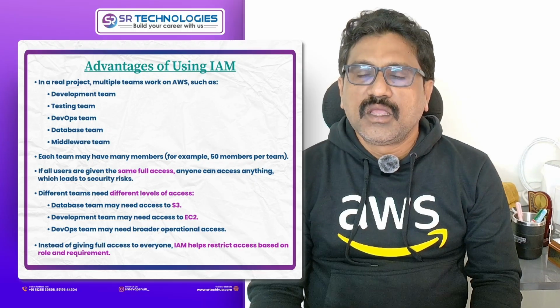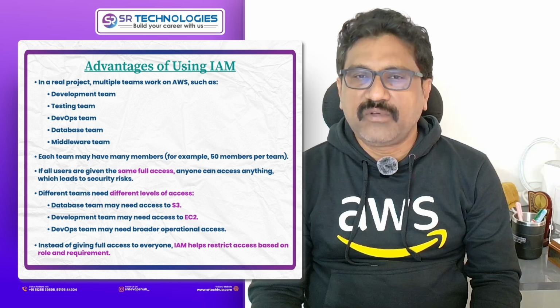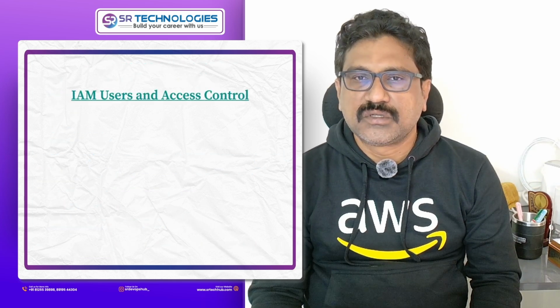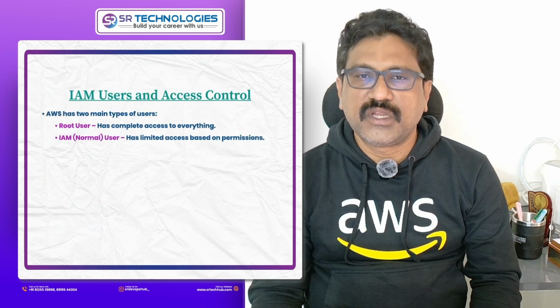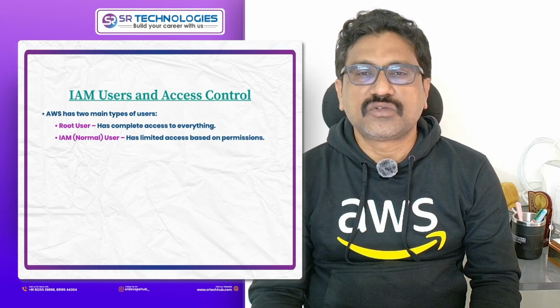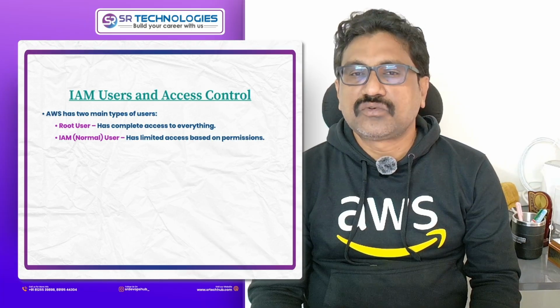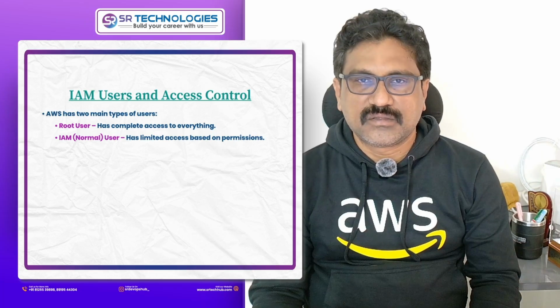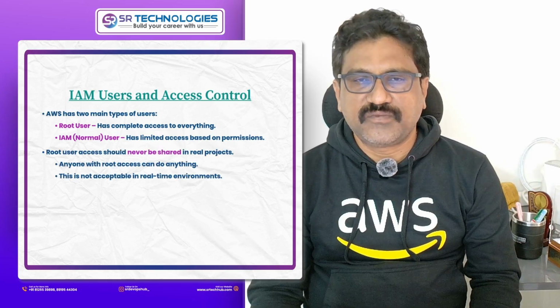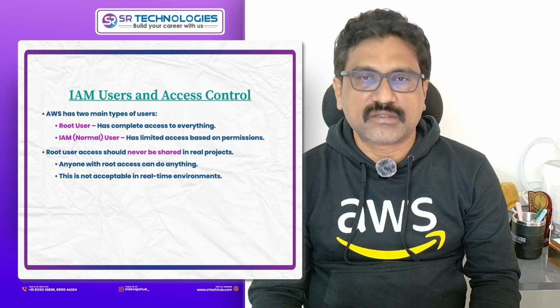If you want to use IAM concepts, you should have a clear idea about the users. Usually there are two users. One is normal user and the second is root user. Normal user has limited access, whereas root user has complete access. If you give root user access to everybody, you cannot control the access.